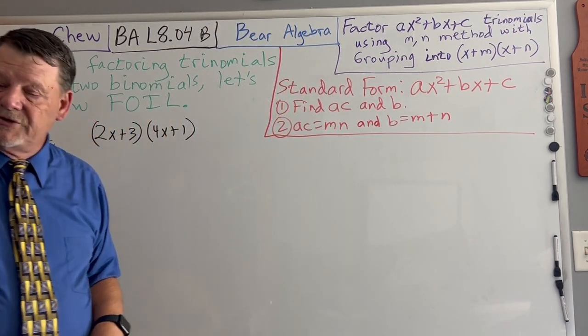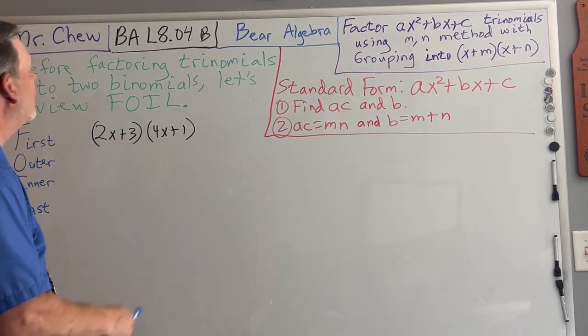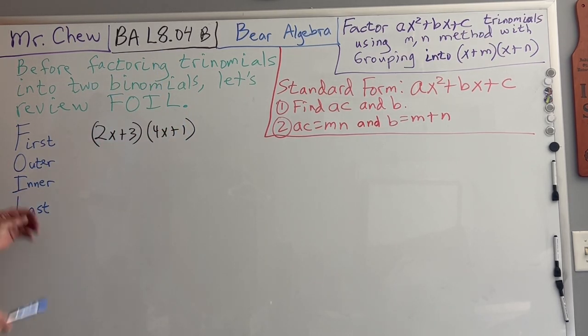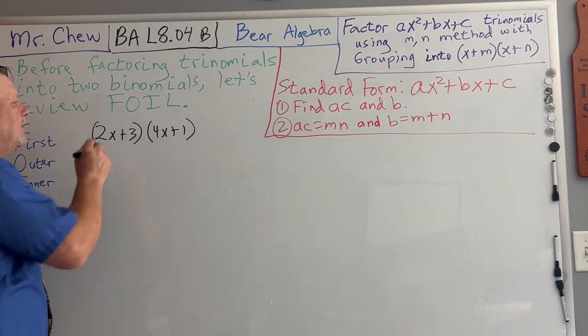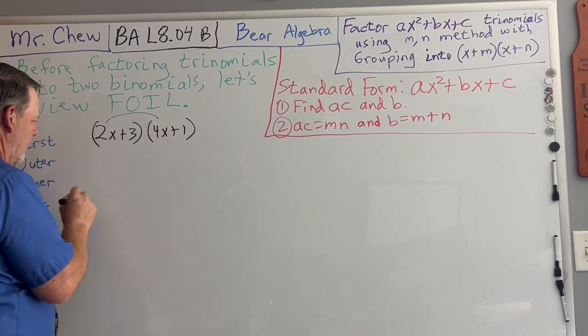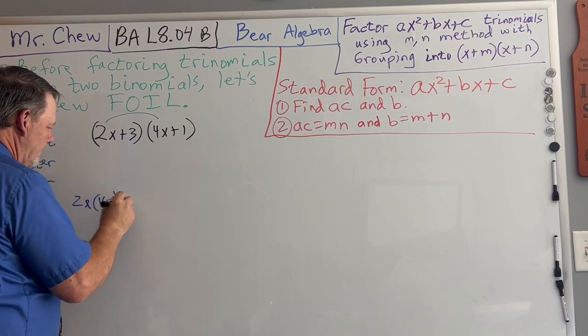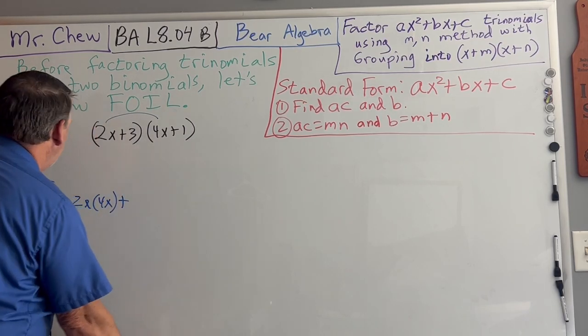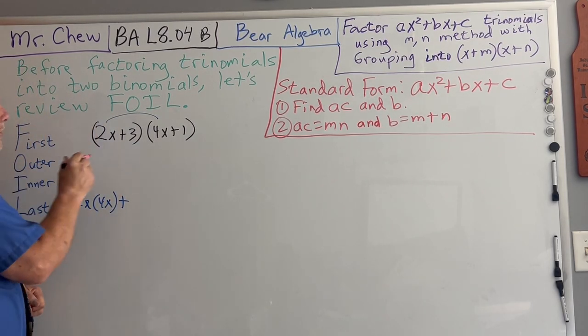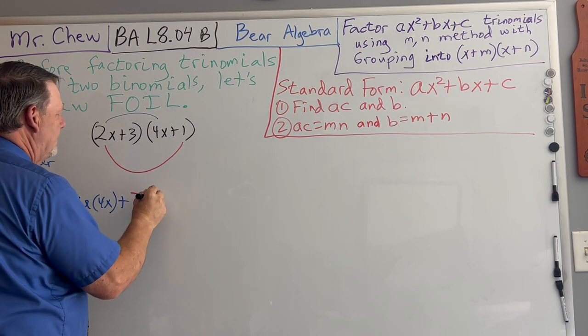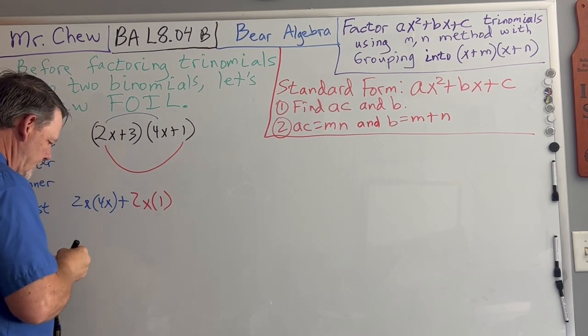All right, so first, before we start factoring, I want to talk about FOIL. Remember, FOIL is first, outer, inner, last. In this case, the first will be 2x times 4x. The outer will be 2x times 1.